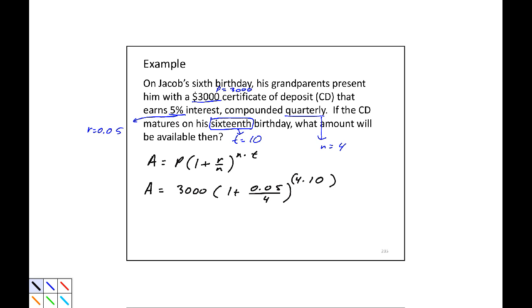So, putting this into a calculator, 3,000, open parentheses, 1 plus 0.05 divided by 4, close parentheses, to the, parentheses, 4 times 10, close parentheses. That is approximately 4,930.858. So this means our answer is $4,930.86.